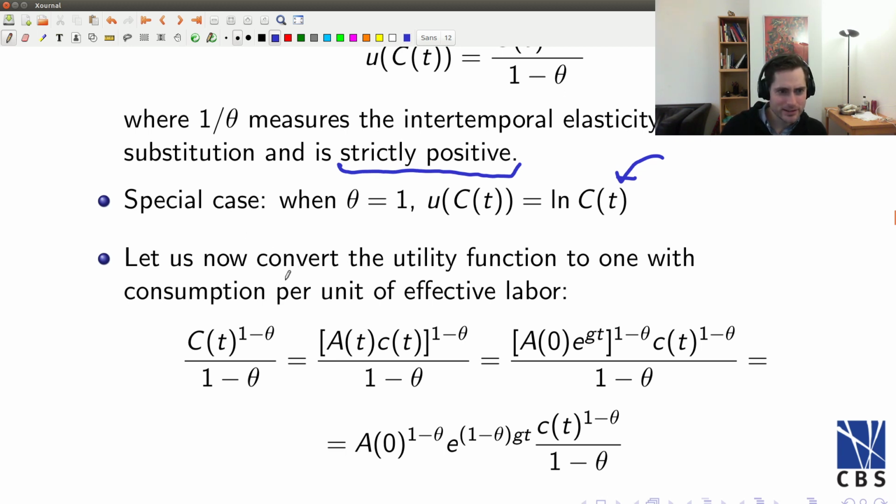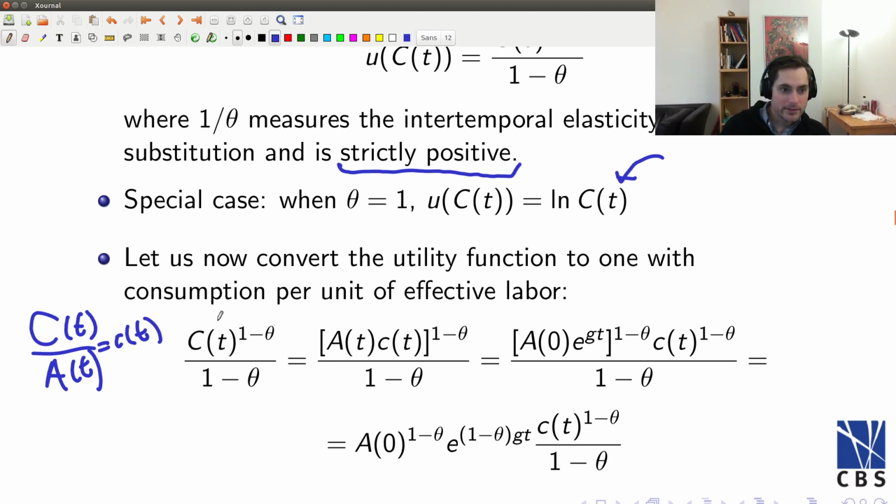Because this is the consumption of each person. So in other words, we want to put this in terms of big C_t divided by A_t, which equals little c_t.